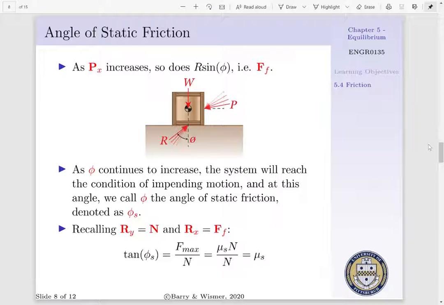Now, if we recall, R sub y is equal to our normal force, and R sub x is equal to our frictional force, we can say the tangent of phi sub s is equal to our maximum frictional force per our normal force, which is equal to mu sub s times normal force per our normal force, which is equal to mu sub s. And for small angles, i.e. when phi is less than 10 degrees, we can say phi sub s is approximately equal to mu sub s.